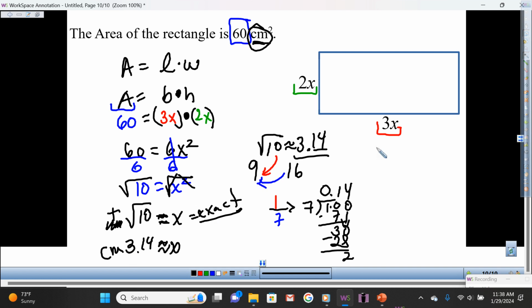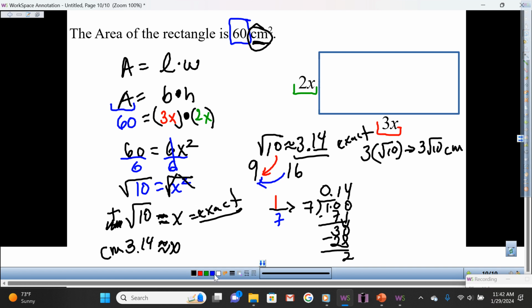All right, so let's write our base. What does the base measure? 3 times, let's first write it exactly, square root of 10. So this is 3 square root of 10 centimeters. And this is what? Exact.